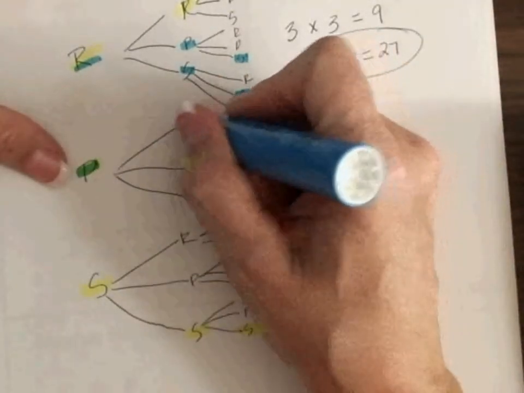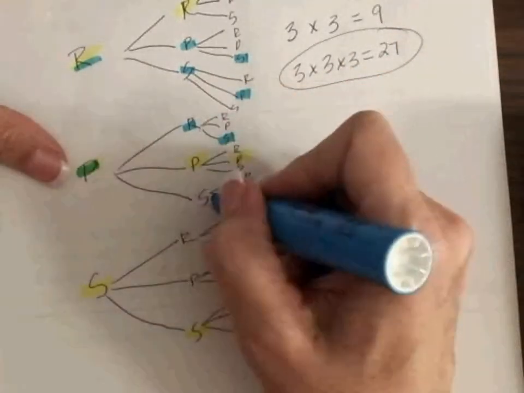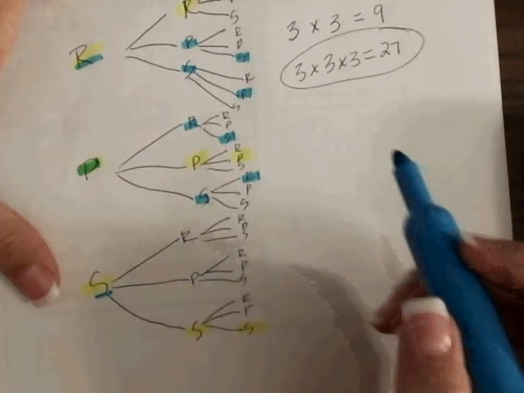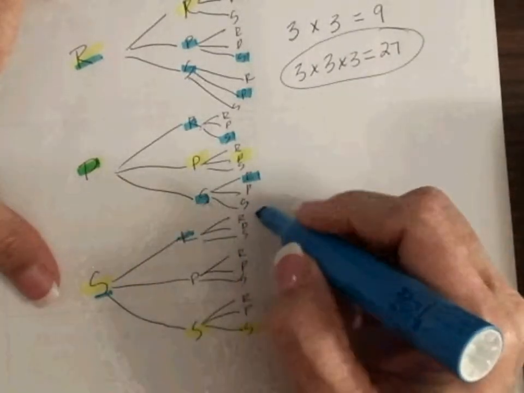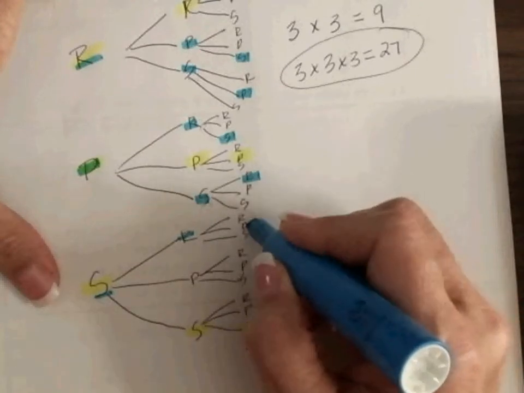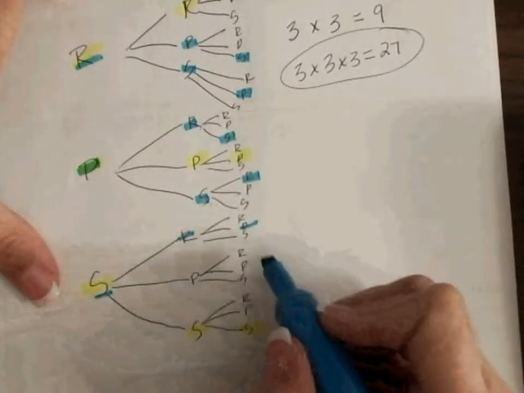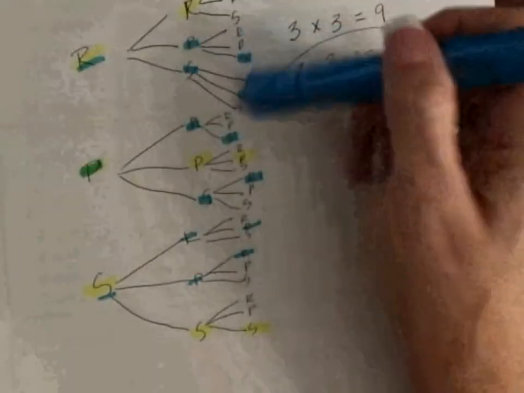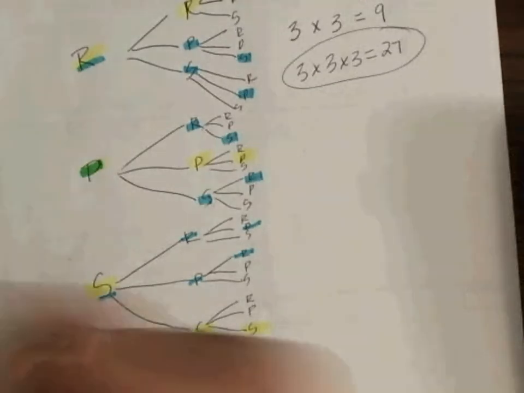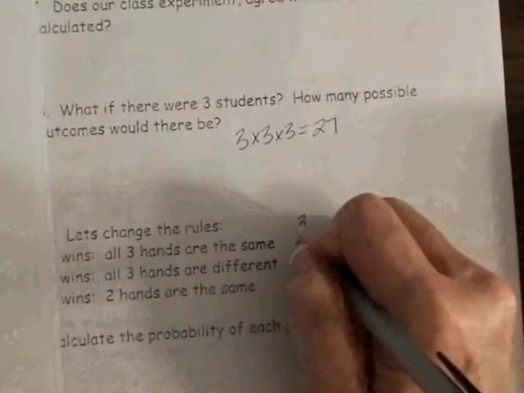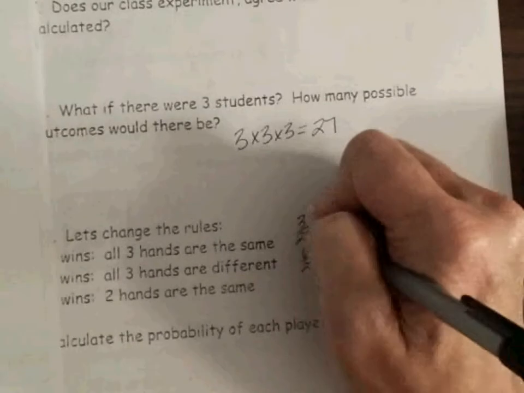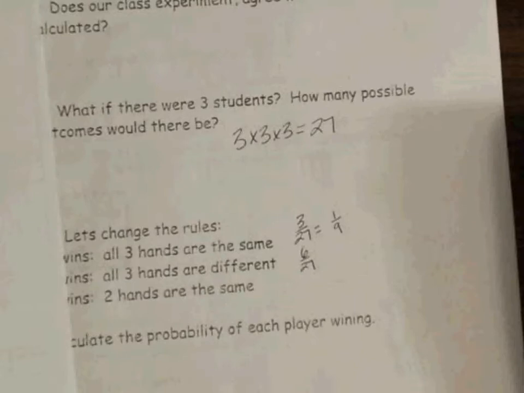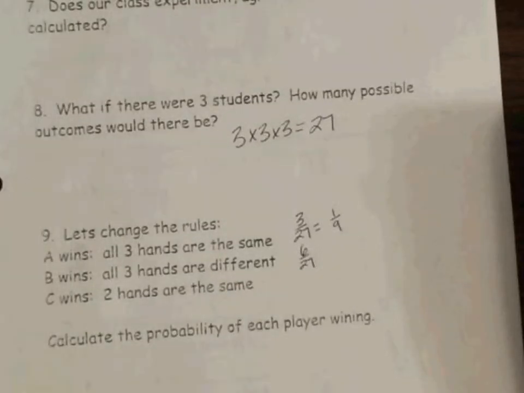Paper, rock, scissors, paper, scissors, rock. Scissors, rock, paper, scissors, paper, rock. Okay, so it looks like 1, 2, 3, 4, 5, 6. 6 times, so 6 out of 27, this was reduced to 1/9. If all 3 hands were different.